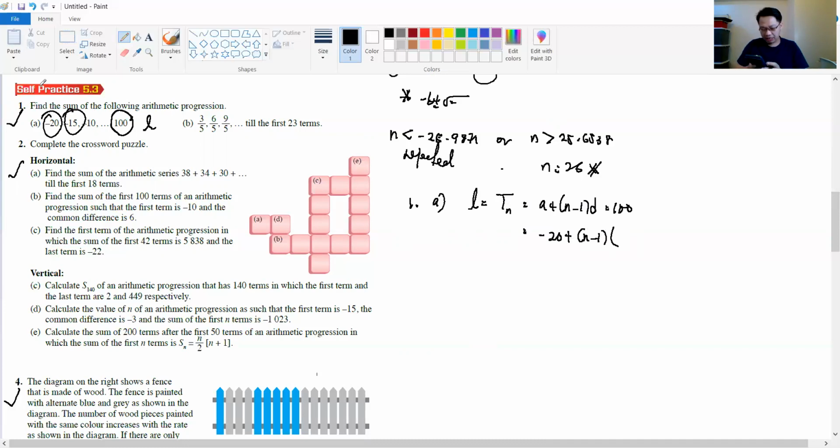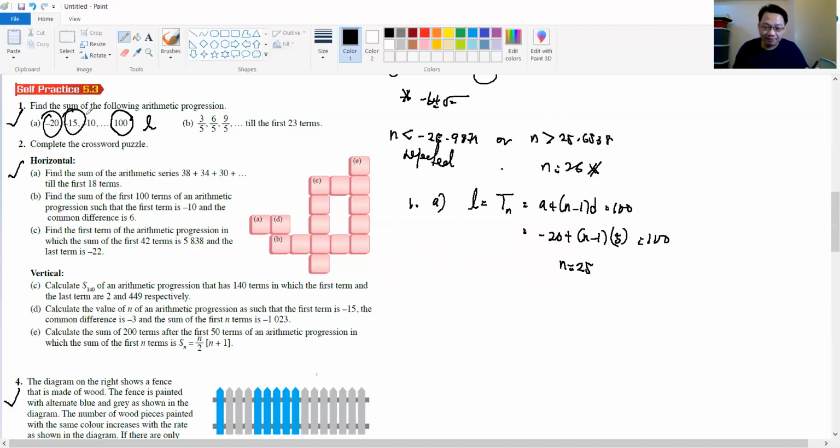So we are supposed to get positive 5, equals 100. So we do the algebra. n will equal 120 divided by 5, plus 1. So n equals 25. There are 25 terms, 25 numbers in this sequence.